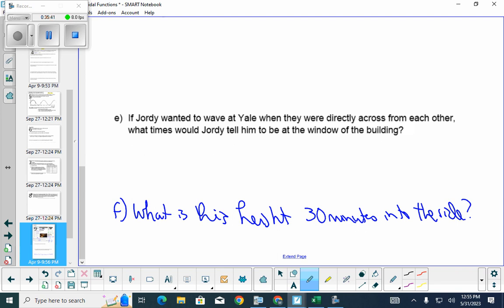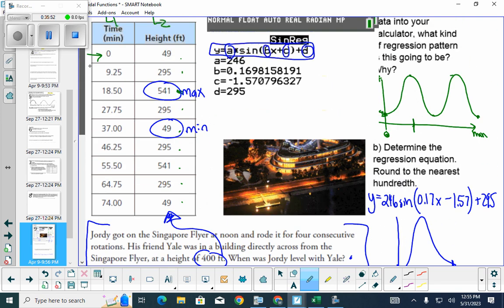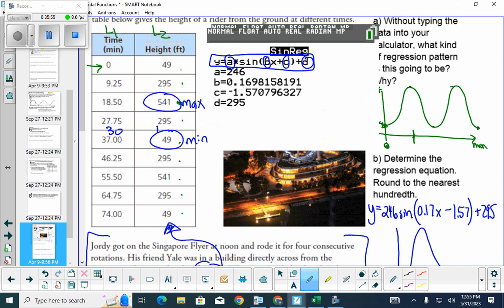Yes. Yep. So what is his height 30 minutes into the ride? So if we look at our little chart, so 30 minutes is right about here.